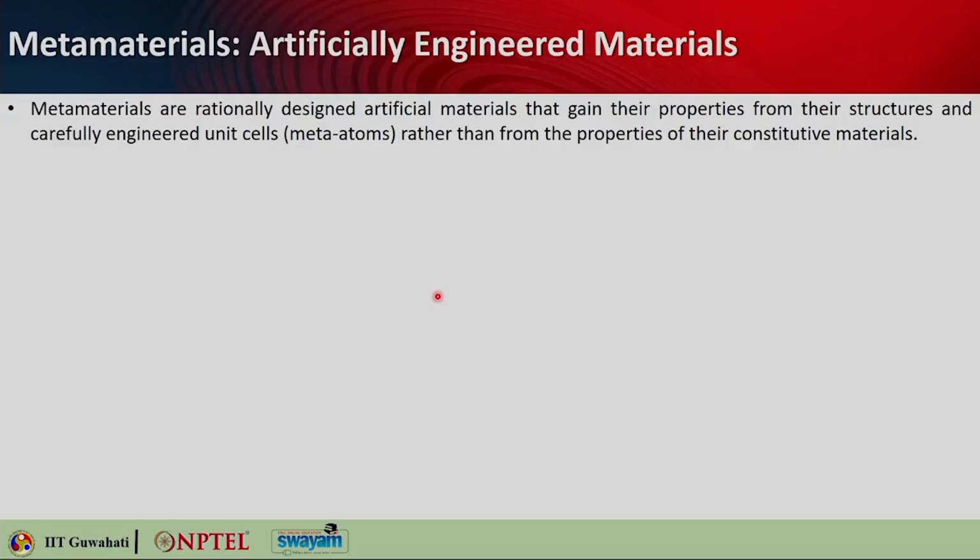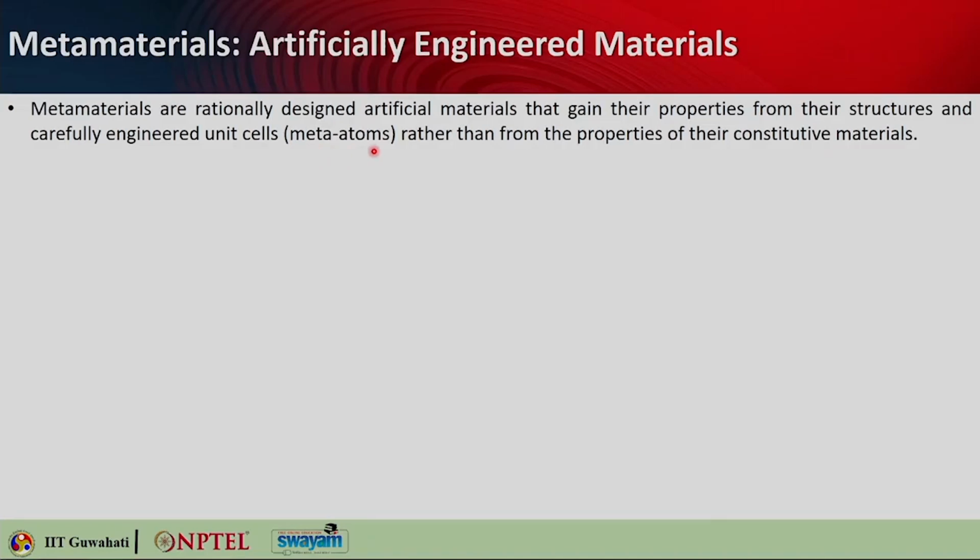So what is the definition of metamaterials? Metamaterials are rationally designed artificial materials that gain their properties from their structures and carefully engineered unit cells. Here the unit cells behave like artificial atoms, so you can call it a meta atom.